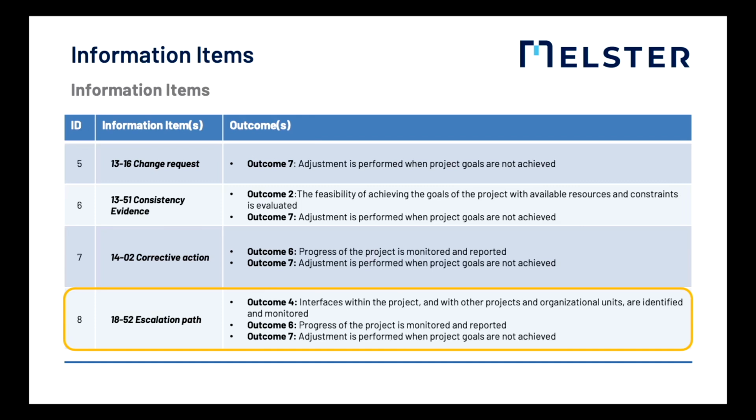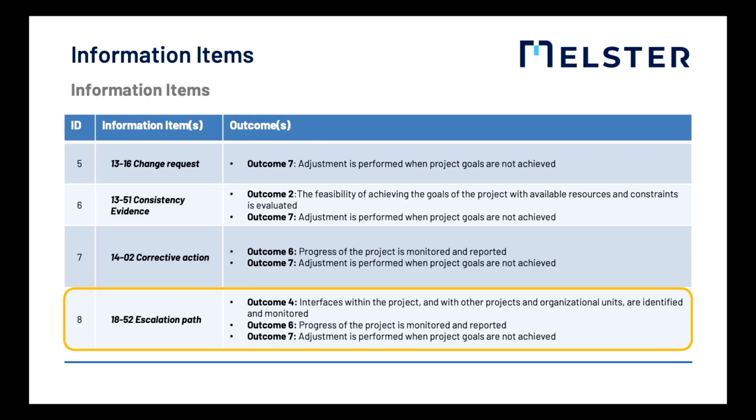We will look again at escalation path in the process SUP.1, quality assurance. Be aware that these two escalation paths in MAN.3 project management and SUP.1 quality assurance are different.